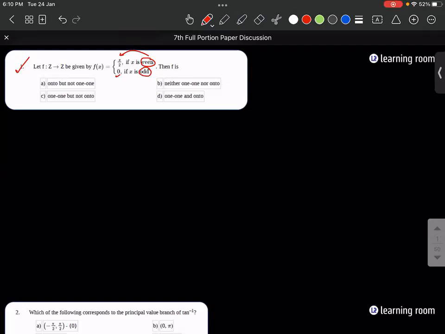So what kind of function is this? Observe, when it is odd, you are always going to get 0, so it's definitely not a 1-to-1 function.